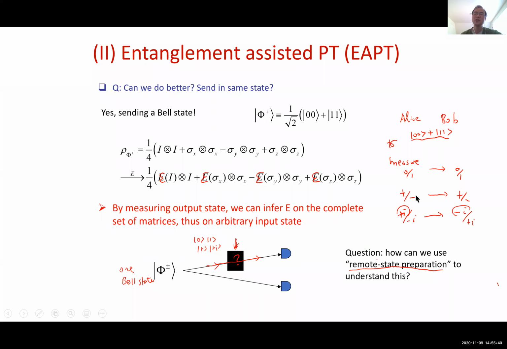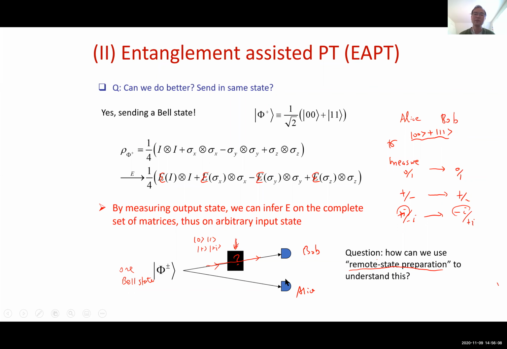So let me just say Alice is here, Bob, and Alice and Bob would perform measurement. In fact, for this problem, there's just one group. But using the idea of remote state preparation, you can think of the measurement of Alice here as preparing a state for Bob.